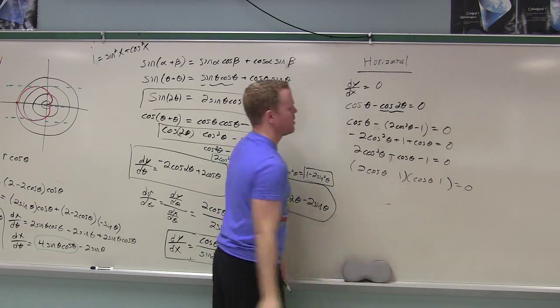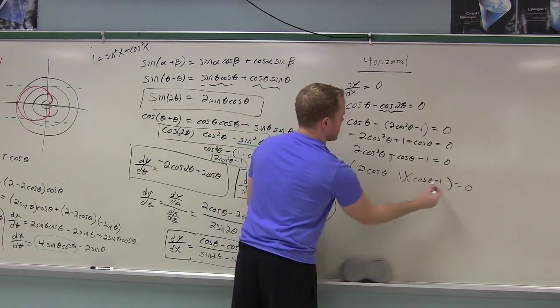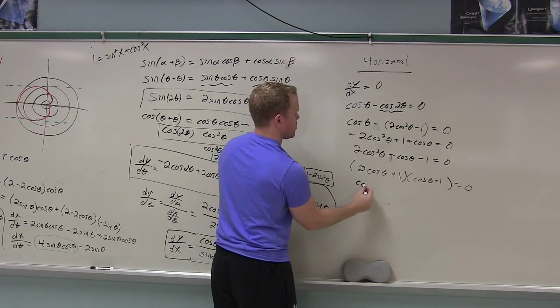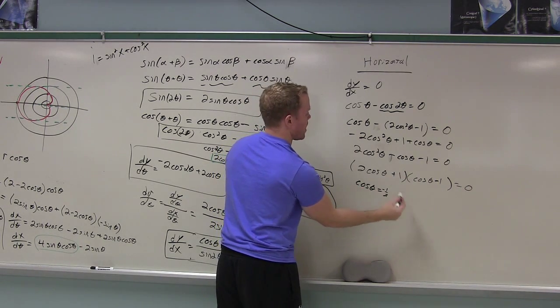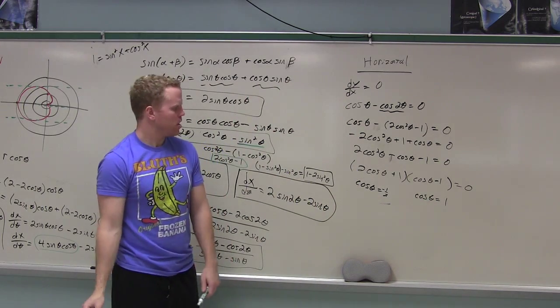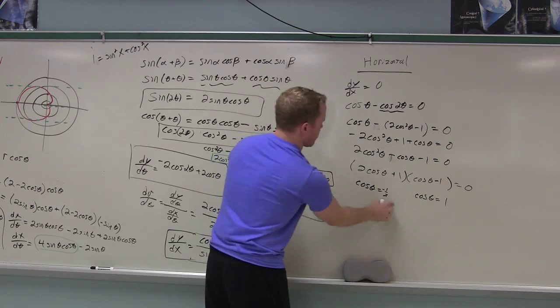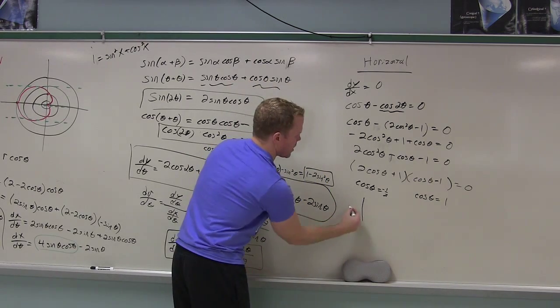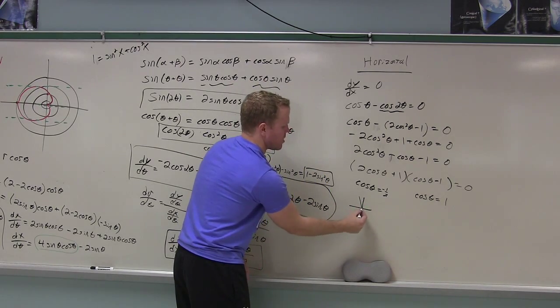Definitely 1 and 1. I want this one to be negative and this one to be positive. So cosine theta equals negative a half, or cosine theta equals 1. So here, you know when cosine is negative a half. That happens here or here.